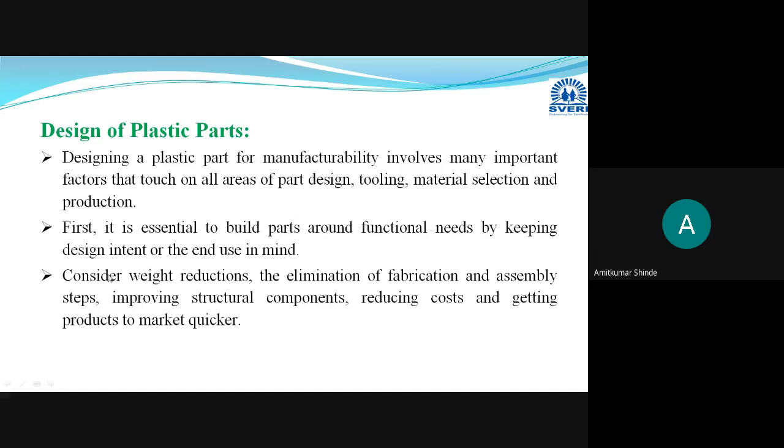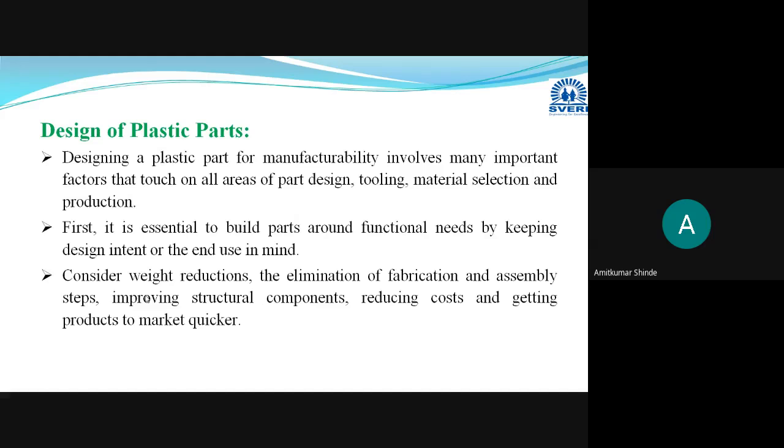Then the next point is that while designing any plastic parts, you should consider weight reduction. Suppose you are manufacturing a plastic chair. Before designing that chair, you have to take into consideration that it should satisfy all the criteria, and it should have the minimum possible weight.